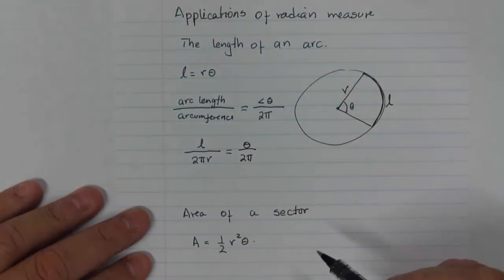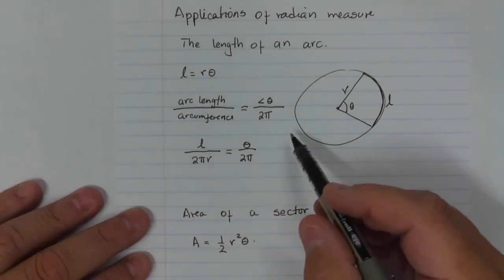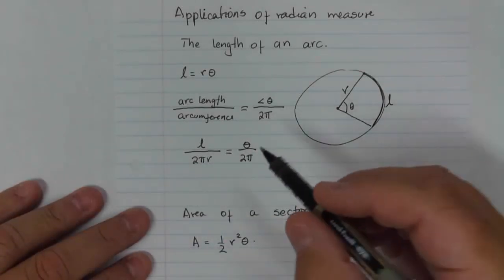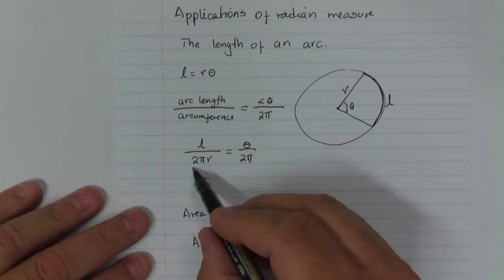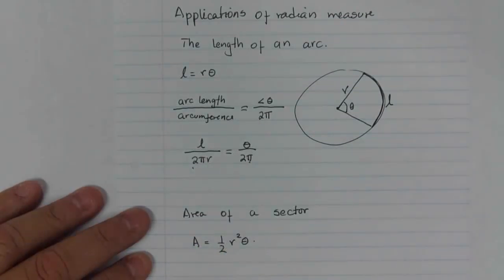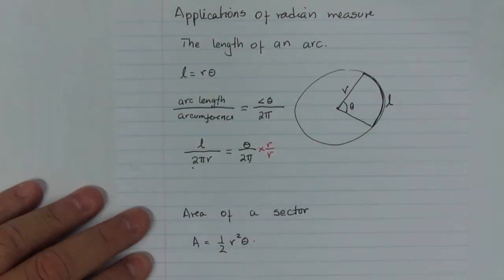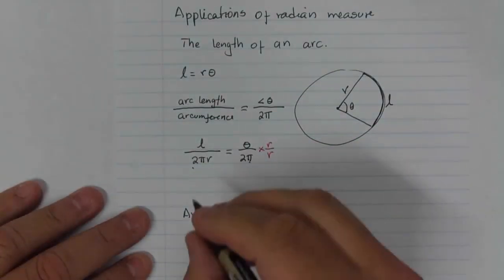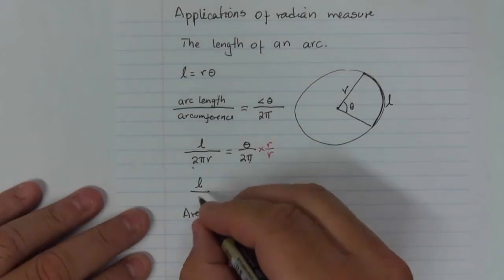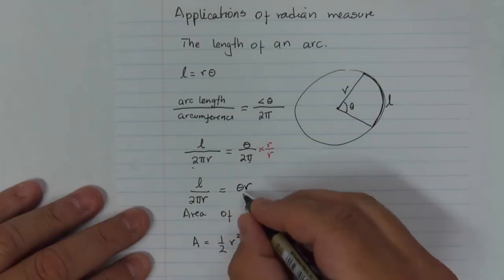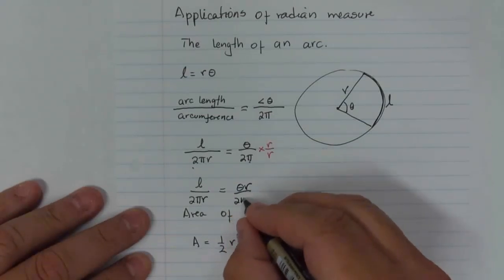When you look at this and do the cross multiplication, the only thing that I need for this denominator to be the same is to multiply both sides by r. If I do that, I will end up with L over 2 pi r equals r theta over 2 pi r.